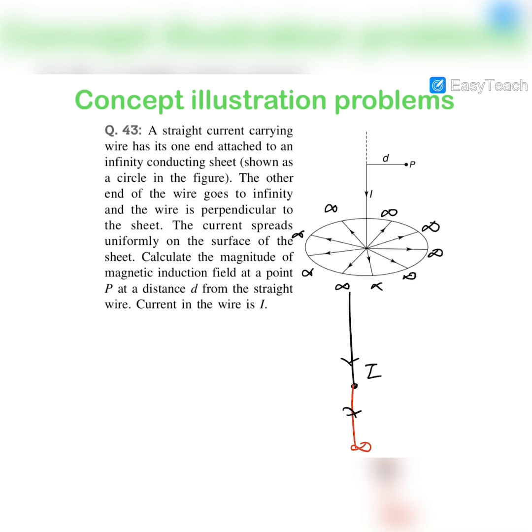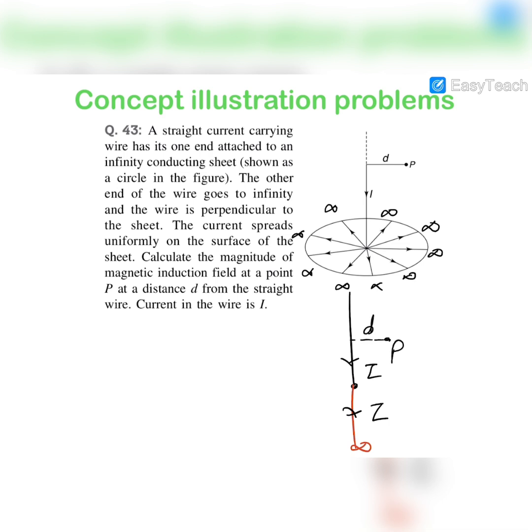Okay, so I hope you have got the point of what I have done, that you can imagine infinitely long wires which are starting from this point and going to infinity, and as we know that infinity is same for each object, so if we join all these infinite points and if we join all these wires and collectively make a single wire and lay it down to infinity, then we can see that this will be an infinitely long wire from both the ends, and we have to find out the magnetic field at point P.